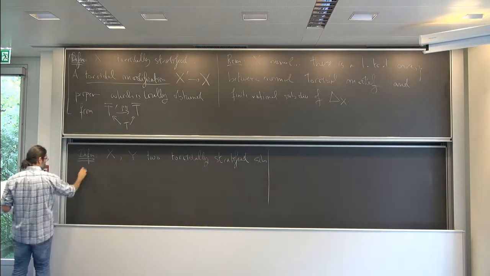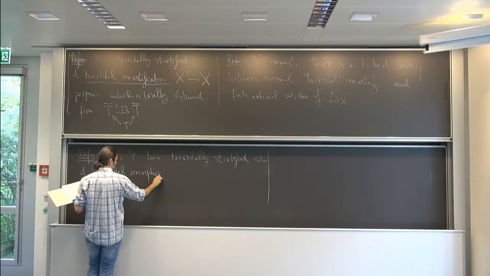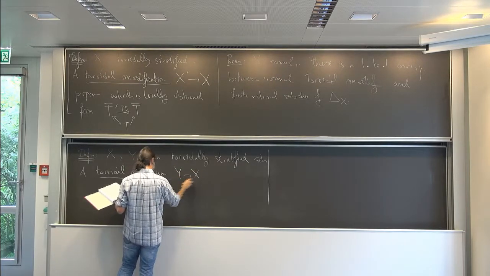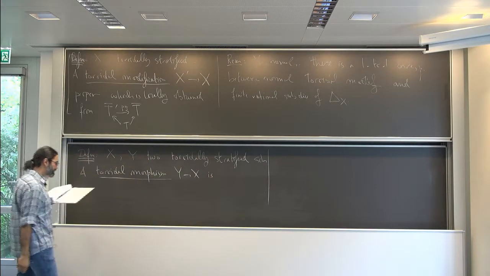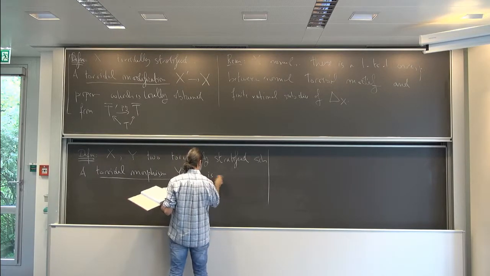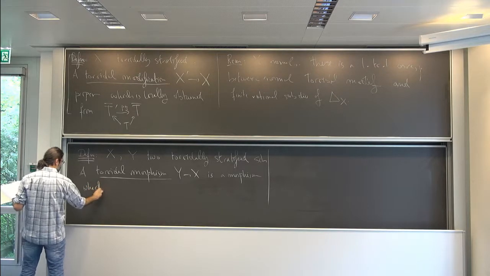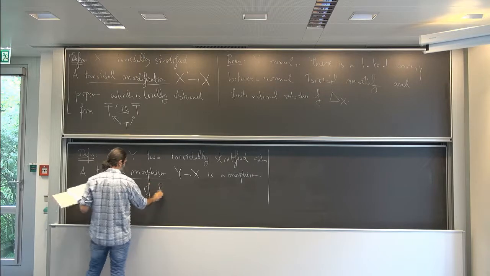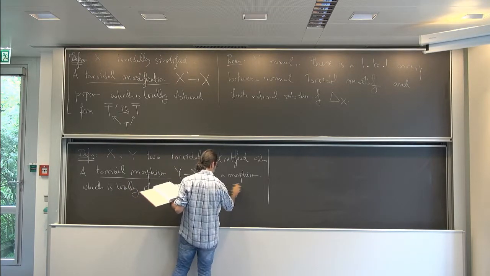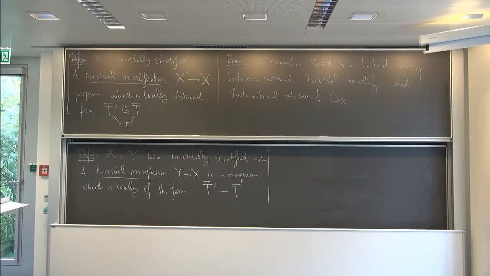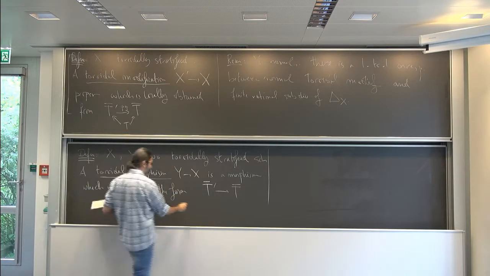A toroidal morphism from Y to X is a morphism of stratified schemes, which is locally of the form T-bar' to T-bar, and here again T-bar and T-bar' are torus embeddings, except that we don't ask that this is an embedding of the same torus, so the torus will be different.